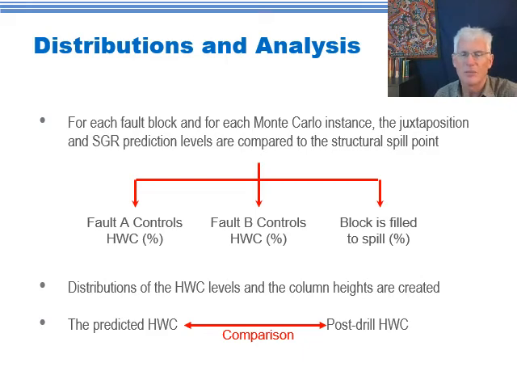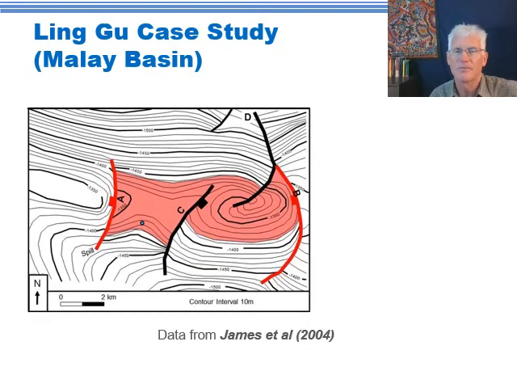We can then compare the predictions to the post-drill or the independently observed hydrocarbon water contacts. So that's a great way to use a bit of geostatistics and the error analysis inherent in Monte Carlo simulations to get an idea of what the errors might be, how we might be uncertain, say, in understanding the stratigraphy or the fault geometry, and putting that all together to come up with a prediction.